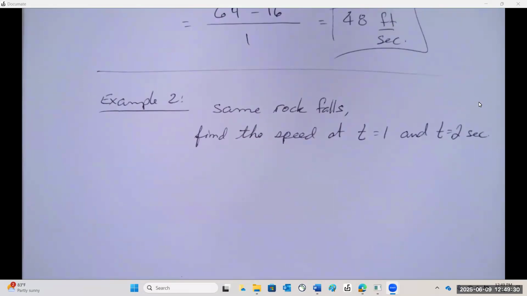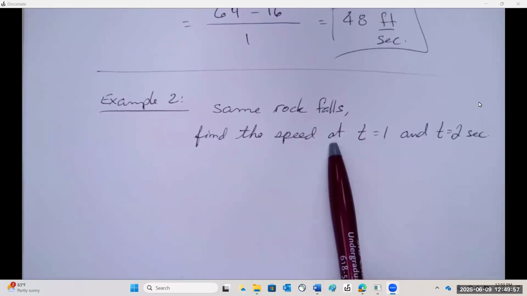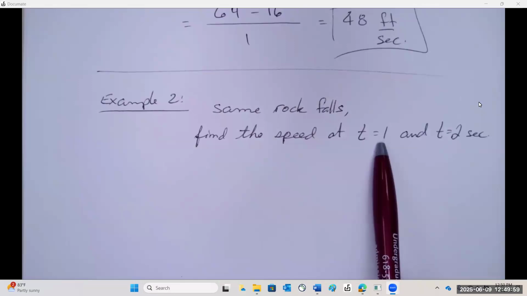And I had this because class is over after this question. Time flies. All right, so how do we do this? What are we looking for? What kind of speed? Not average, because we're looking at exactly 1 second. So it's instantaneous.